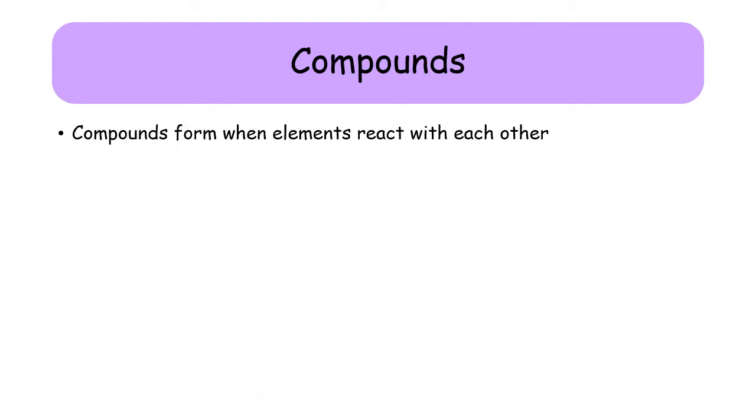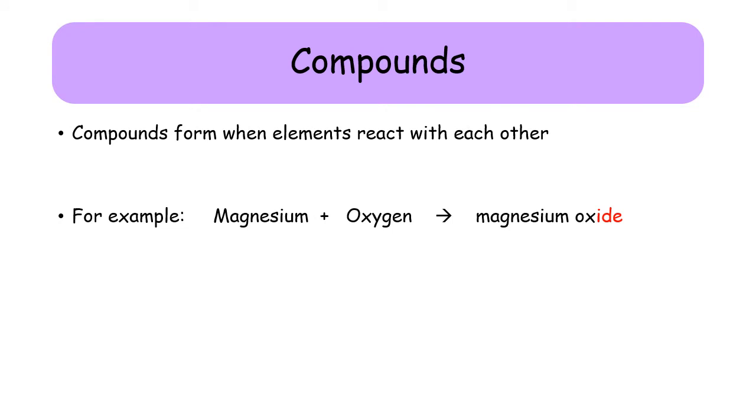Now, compounds form when elements react with one another. So when one element reacts with another element to form something new that is made of both elements. So for example, magnesium plus oxygen. Magnesium is a metal, oxygen is a non-metal. We show them with a plus sign to show that they are reacting.